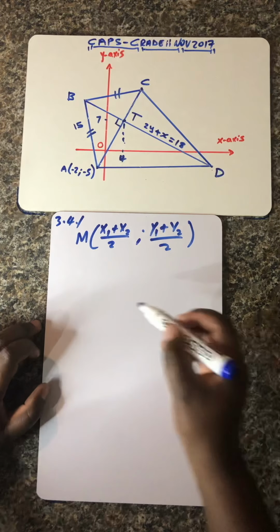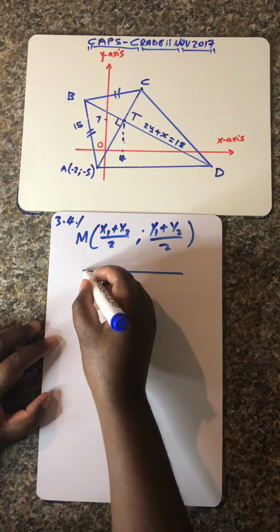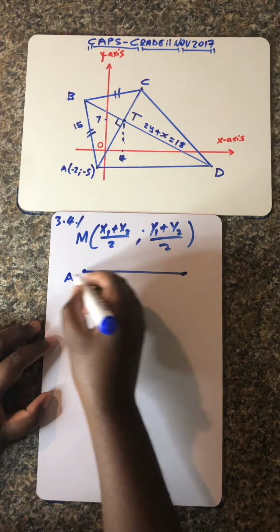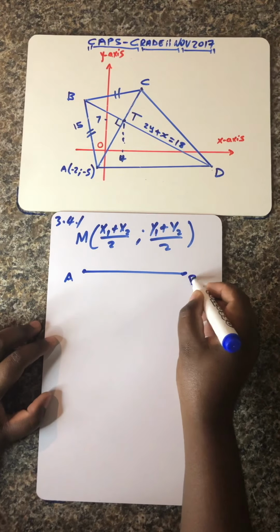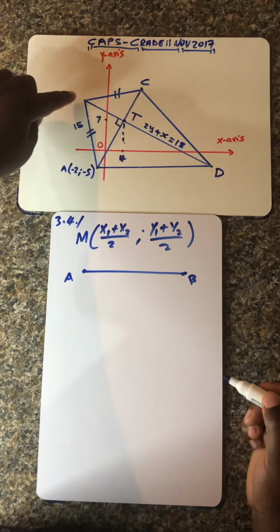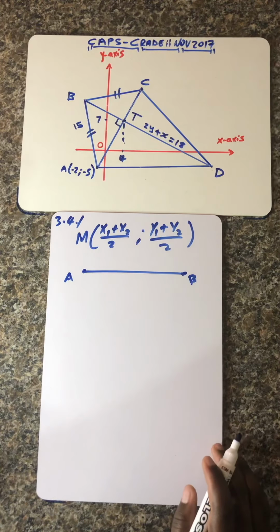So what it basically means guys is that if you've got a line, let's say in this case, line AB, just as an example, it doesn't necessarily mean that it's from there to there. I'm not in any way referring to that diagram.